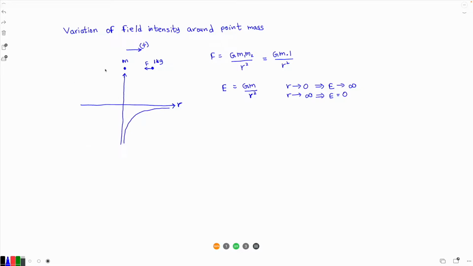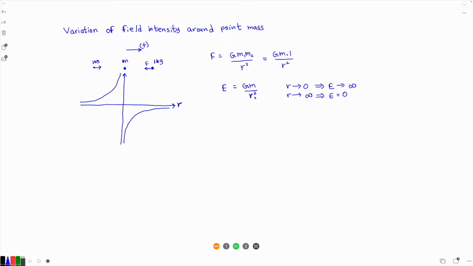Now consider the opposite side. When I keep the 1 kilogram mass here, the same force acts in this direction. So this field intensity is positive, and it has the same properties as the right hand side. So I can draw the graph to the left hand side of the mass like this. These are all curves because they vary with the r squared term.